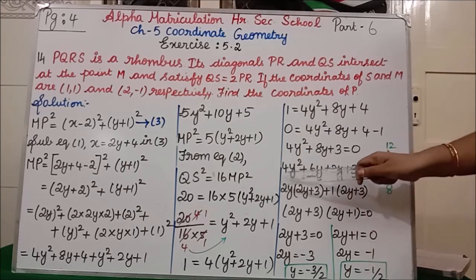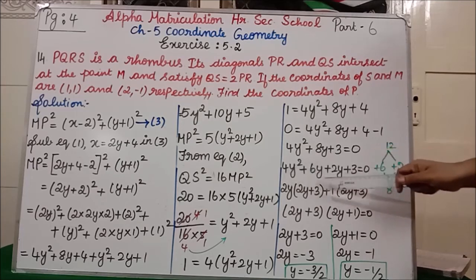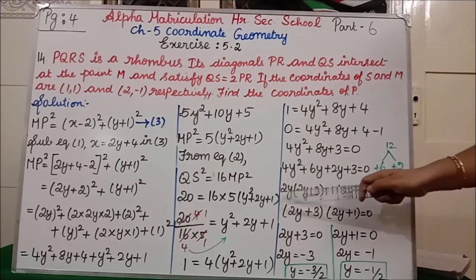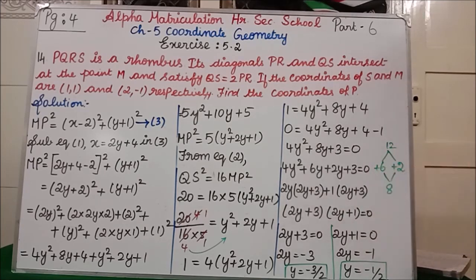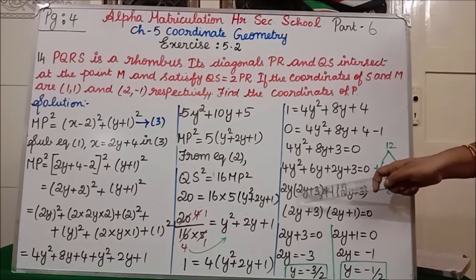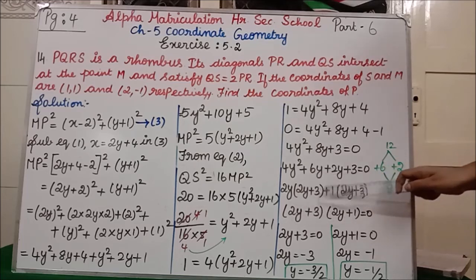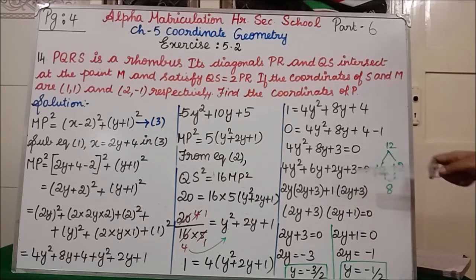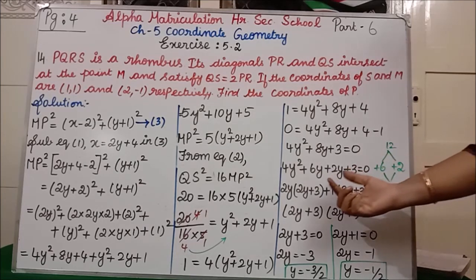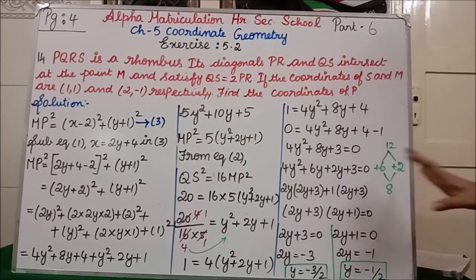The next step, what is the common term in the first two? 2y is common. So take the 2y commonly out. So remaining is what? 2y plus 3. Whatever bracket you are writing, the same thing here also you have to write. I have told you this in the earlier factorization, isn't it? So whatever bracket you are writing, immediately you write here also.